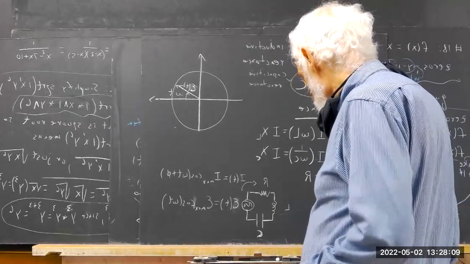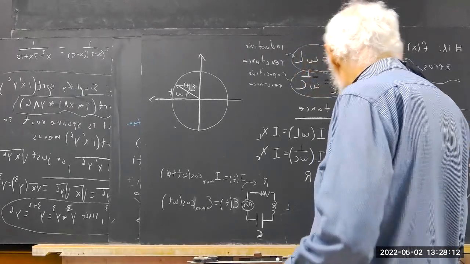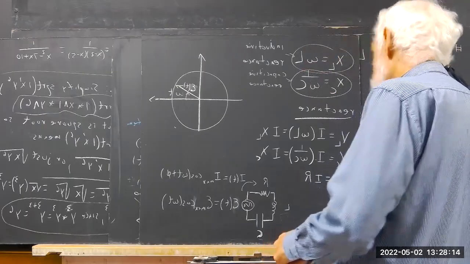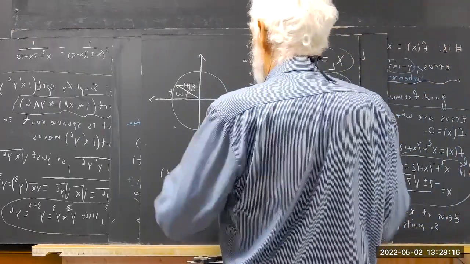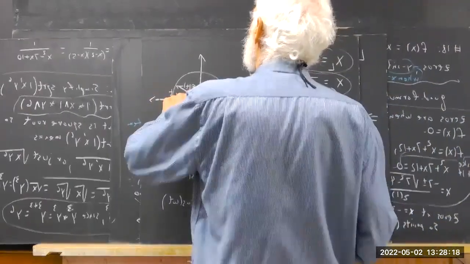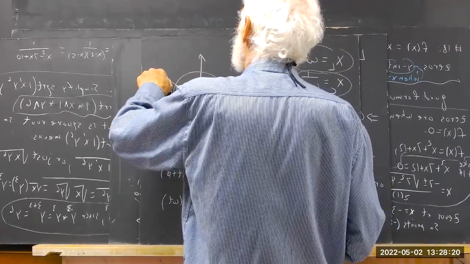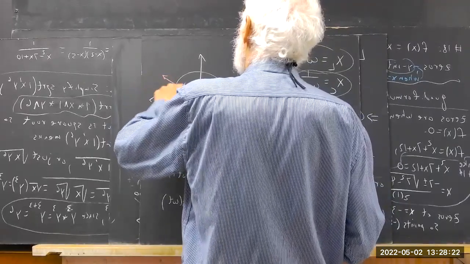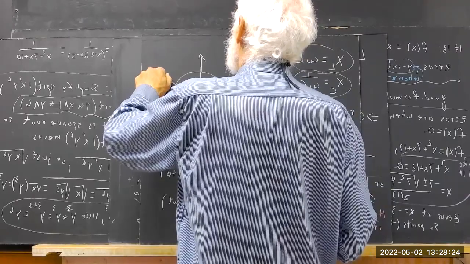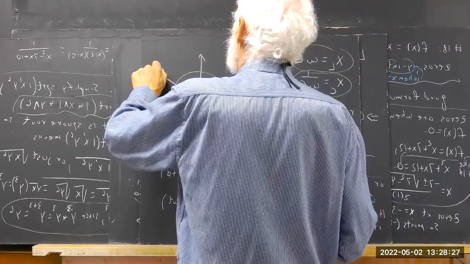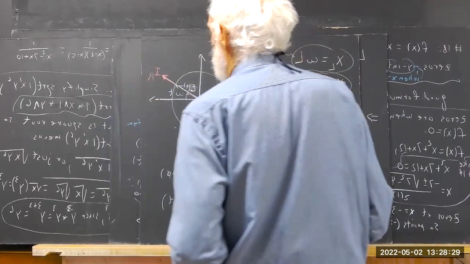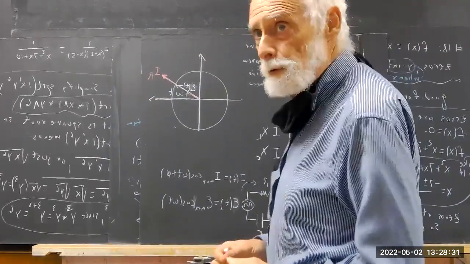Now, the current through your resistor, looking for three colors here, maybe looks like this.